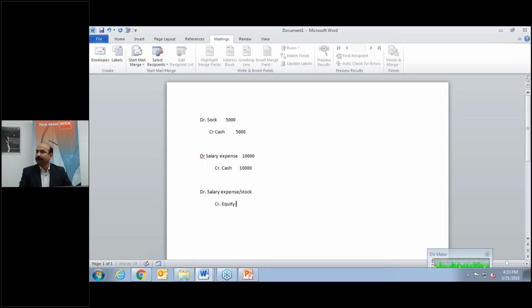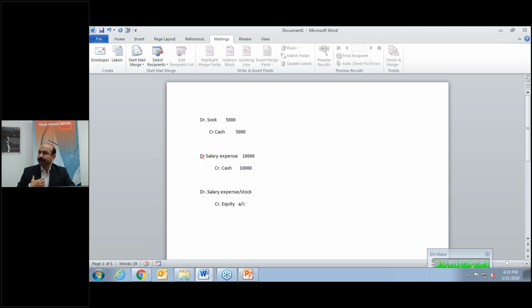So this will become equity, because this expense, this stock and this asset will be paid through the issuance of shares. So this will be the initial entry. No question arises. I hope up till now it is clear. No question arises with what amount?